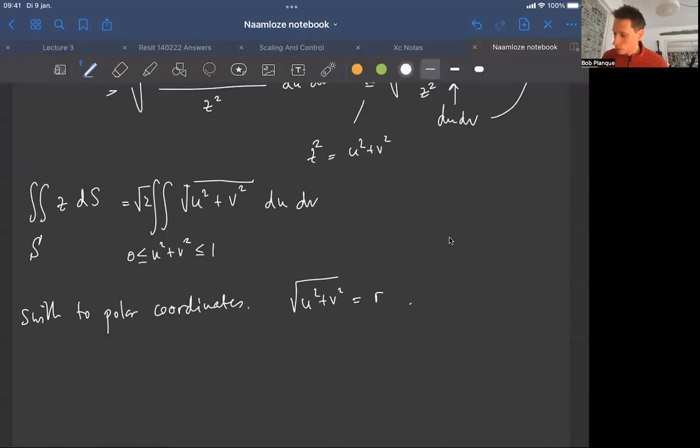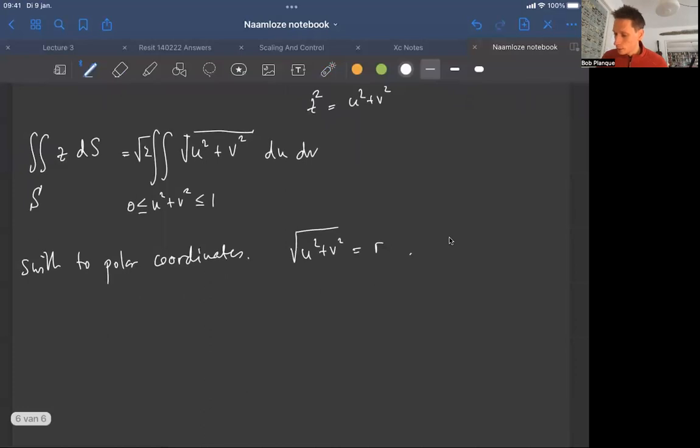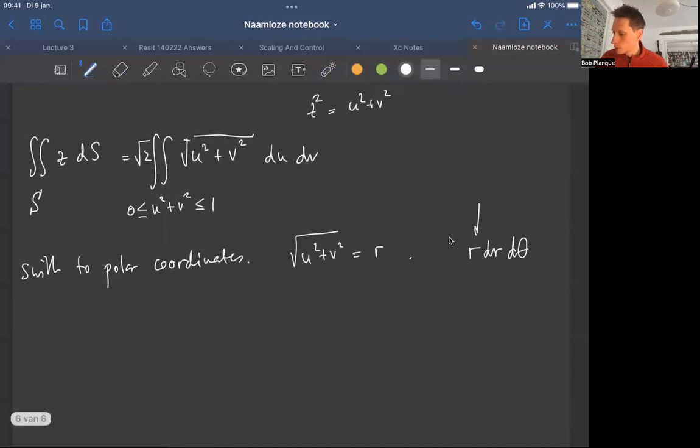And so in that case, you remember that the surface element in polar coordinates becomes r dr d theta, right? And this element here you pick up from doing the transformation to polar coordinates.